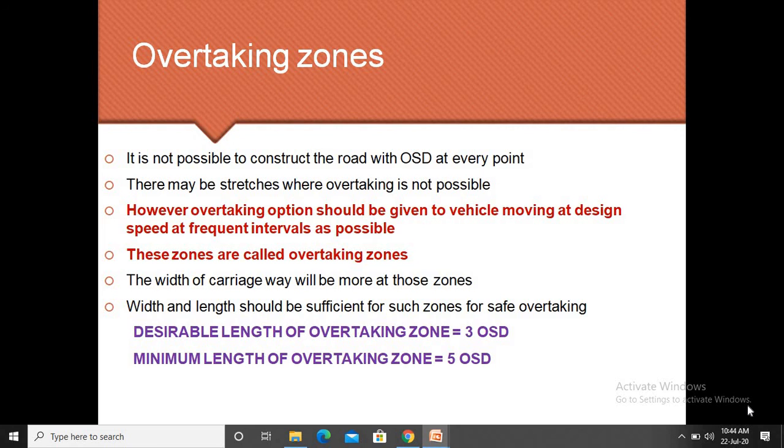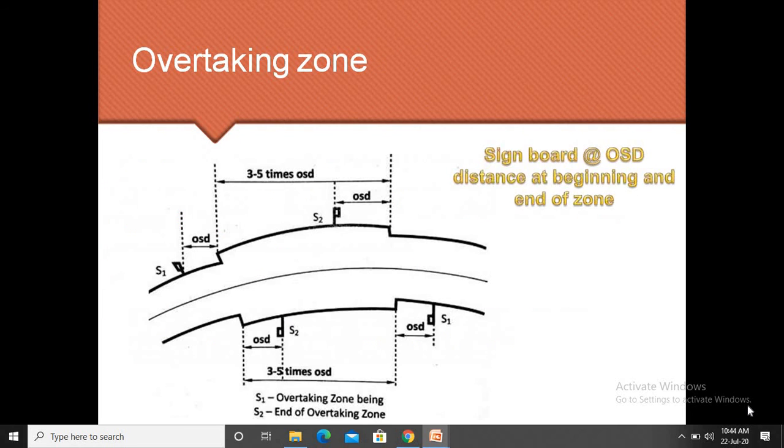Desirable length of an overtaking zone is 3 into OSD, and minimum length of an overtaking zone is 5 into OSD. So we can say S1 is the overtaking zone beginning and S2 is the overtaking zone ending, so here 3 to 5 times the OSD. At this particular point only we need to overtake.